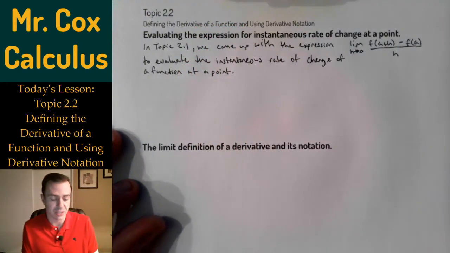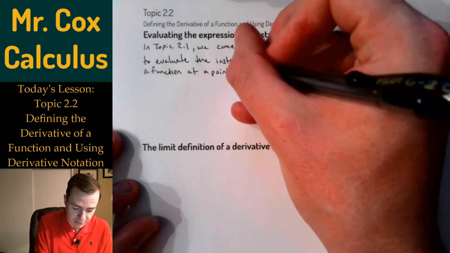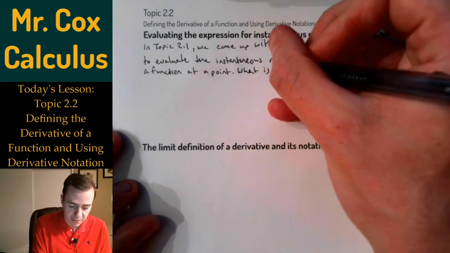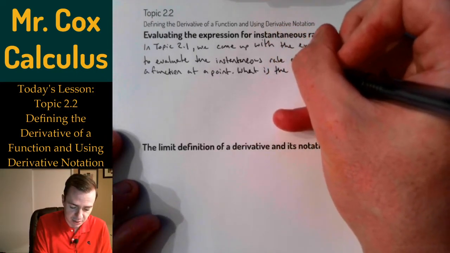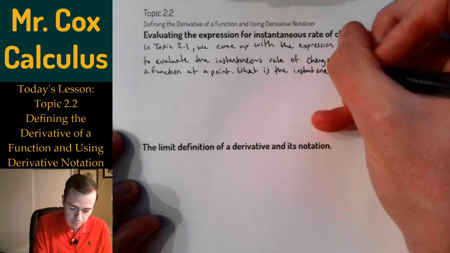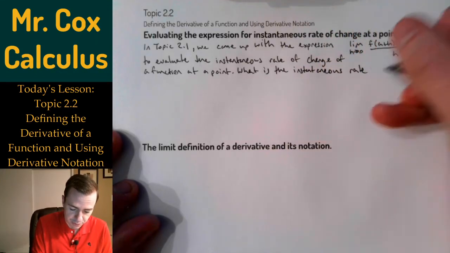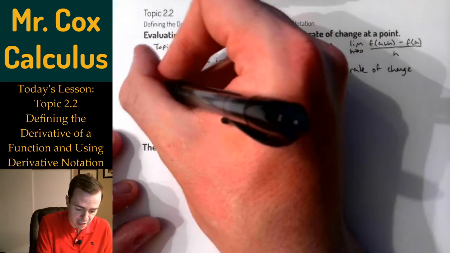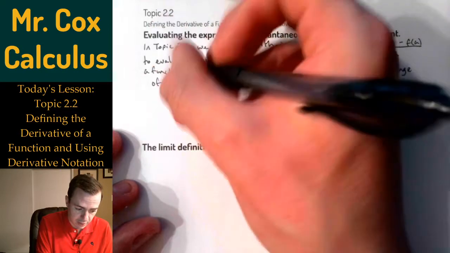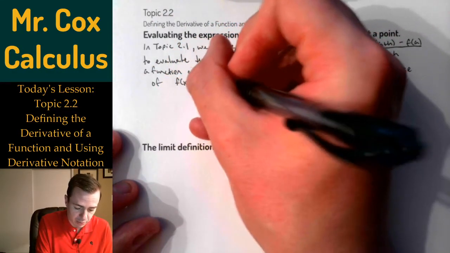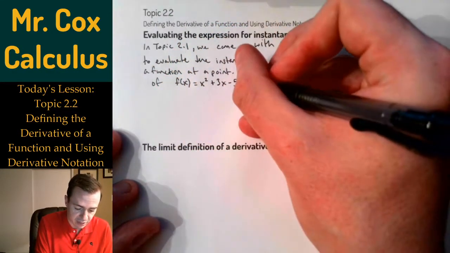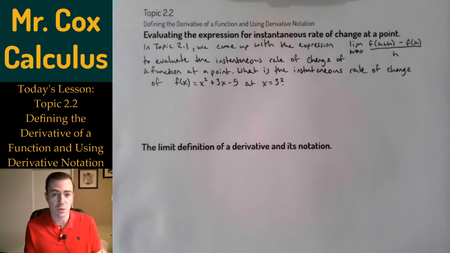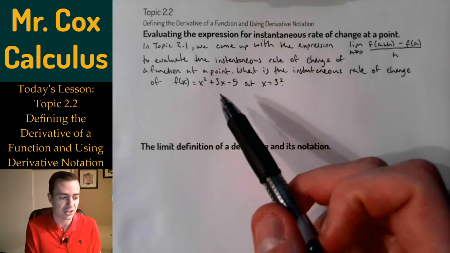So we can ask ourselves now, and we did this with a linear example in the previous topic, what is the instantaneous rate of change of the function f of x equal to x squared plus 3x minus 5 at the point x equals 3? This function is a quadratic, so it's going to be in the shape of a parabola.